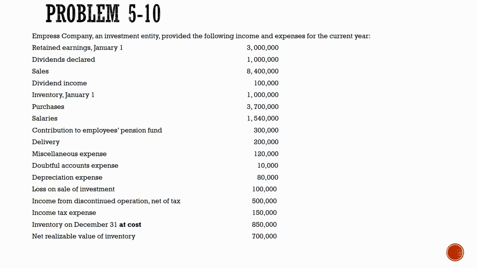Problem 5-10. So, Empress Company, an investment entity, provided the following income and expenses for the current year.